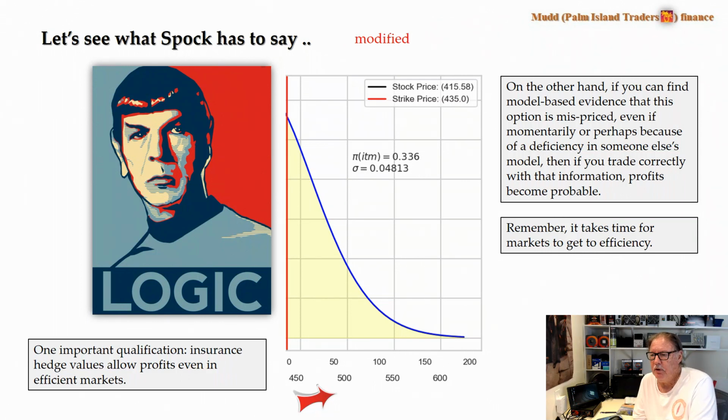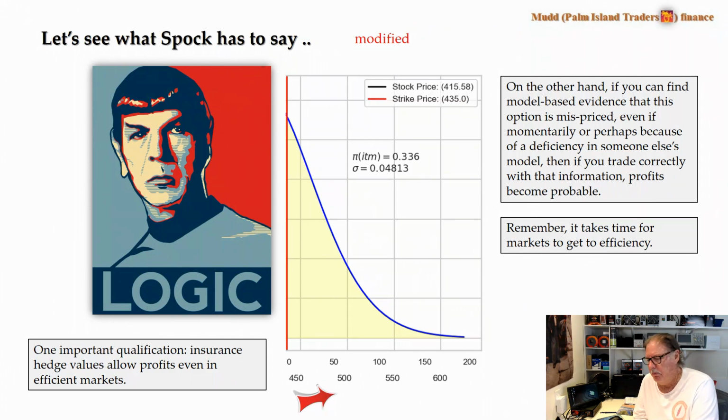On the other hand, if you can find model-based evidence that this option or this tranche is mispriced, even if momentarily or perhaps because of a deficiency in someone's model, then if you trade correctly with that information, it becomes profitable. So again, we're qualifying this to say that's true for the tranche, and there's no tranche trading out there, although the tranche has value, and you need to calculate that, for example, when you write a covered call. That's later.